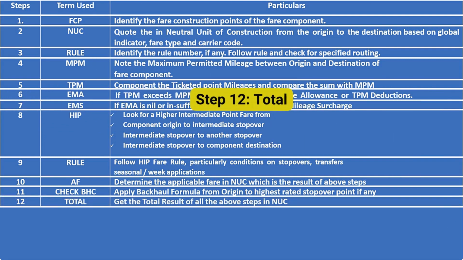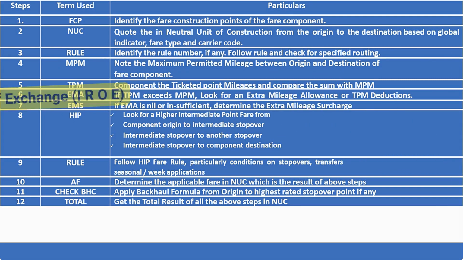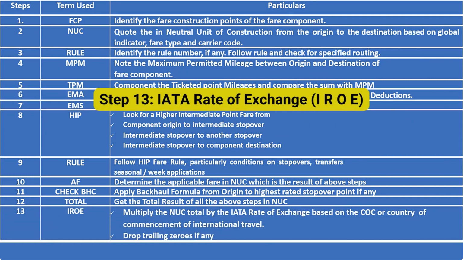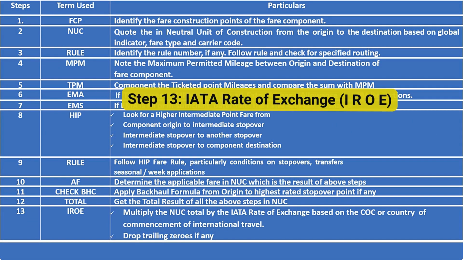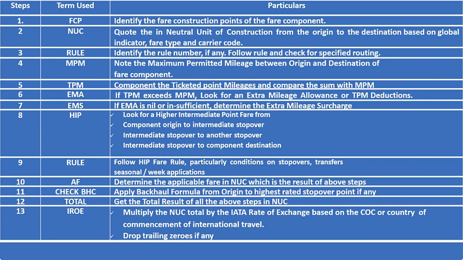Step 12. Total. Summarize the results of all the above steps in neutral unit of construction, NUC. Step 13. IATA Rate of Exchange, IROE. Multiply the neutral unit of construction, NUC, total by the IATA rate of exchange based on the country of commencement of international travel.